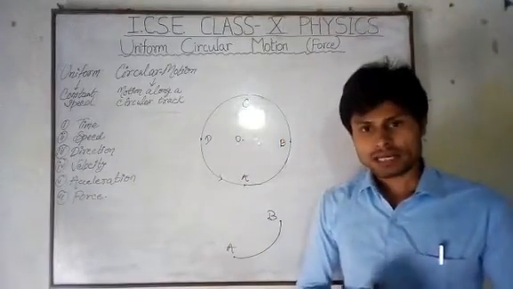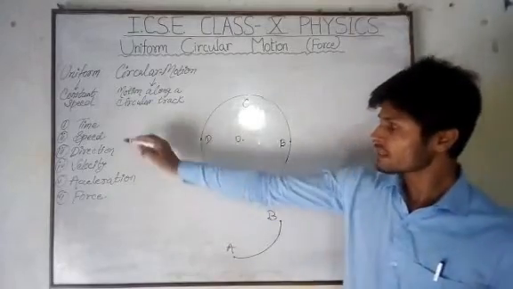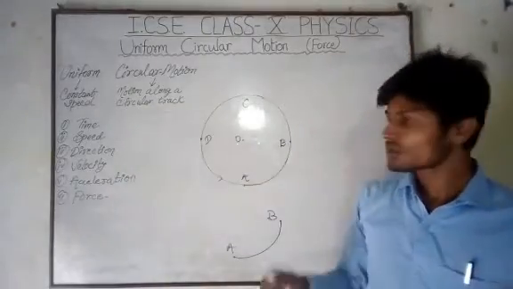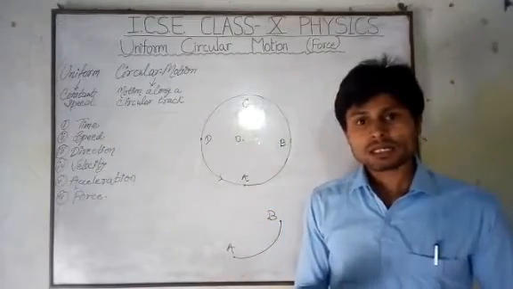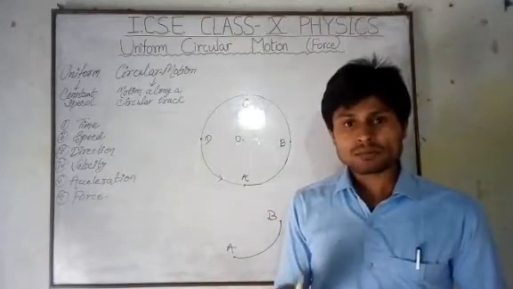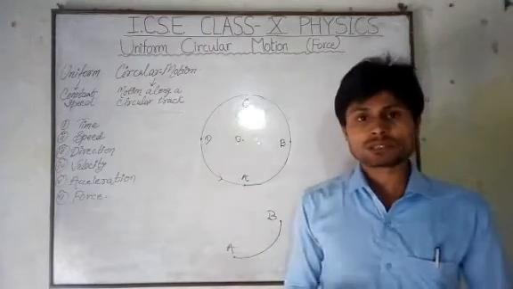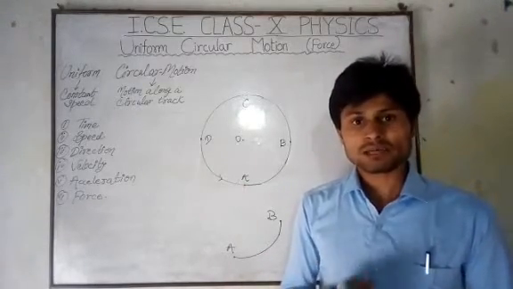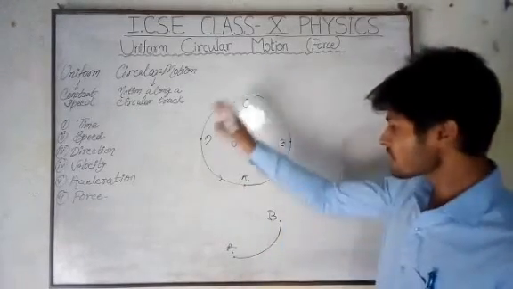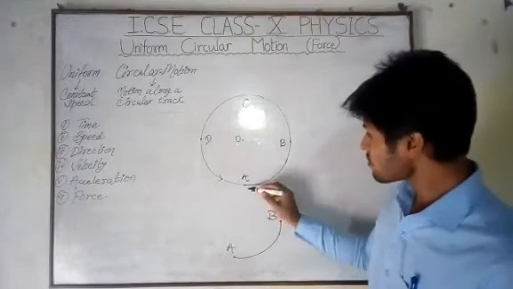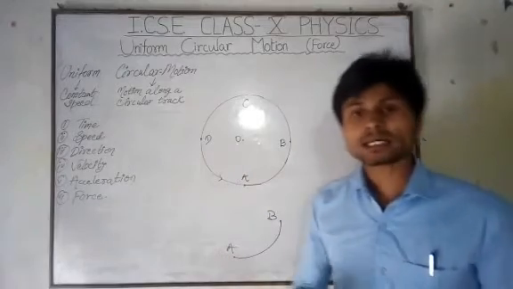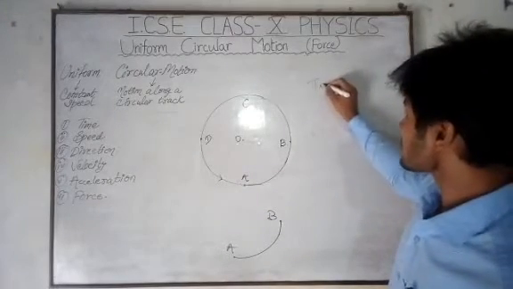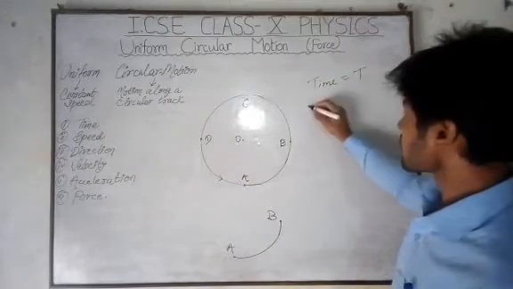So this is called circular motion. While we read about any kind of motion, we think about certain terms. Let's start with the first term, time. Whenever we think about any kind of motion, we ask what is the time taken for the motion. Suppose the particle moves from A, B, C, D to A. That means a complete revolution, taking a time t for one revolution.